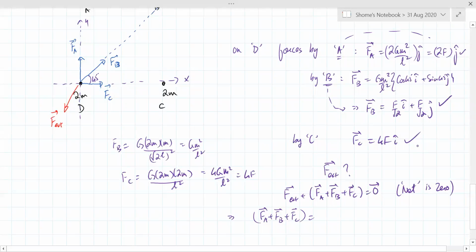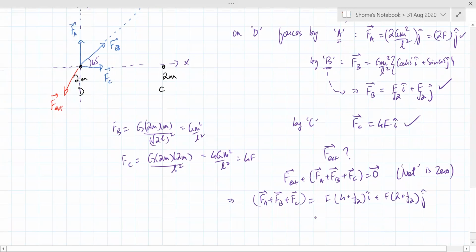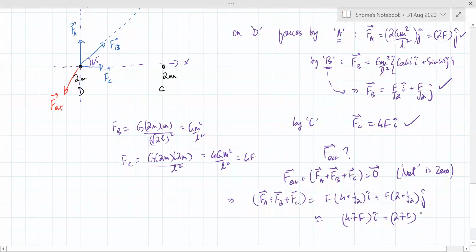Just add these forces which I have tick marked over here. So they will be F into (4 plus 1 by root 2) I cap plus F into (2 plus 1 by root 2) J cap, or approximately 4.7 F I cap plus 2.7 F J cap.